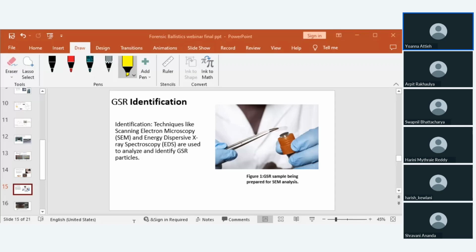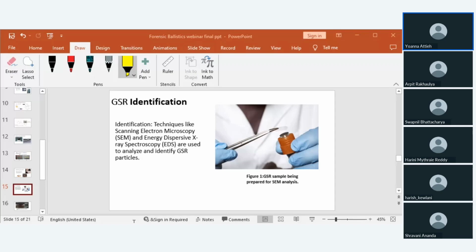The method of collection can significantly impact the results of the analysis. One common technique for sample collection is the tape lift method. Through tape lift, we can collect GSR, which involves using a simple adhesive tape to lift GSR particles from the surface being analyzed. These samples are analyzed using the SEM for particle identification and elemental composition.